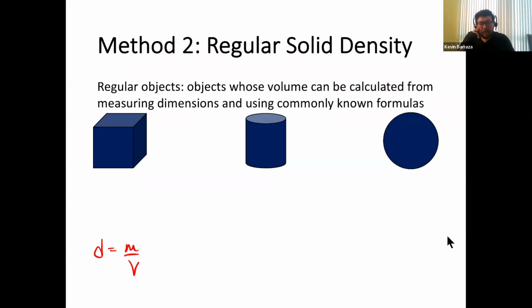Since they're solid objects, they're very easy to put on a scale and weigh. In the case of volume, if we have a regular object, we can take down the dimensions to figure out the volume. So this is kind of the standard when we think of getting the density of something. We can measure the dimensions of the object to get its volume.